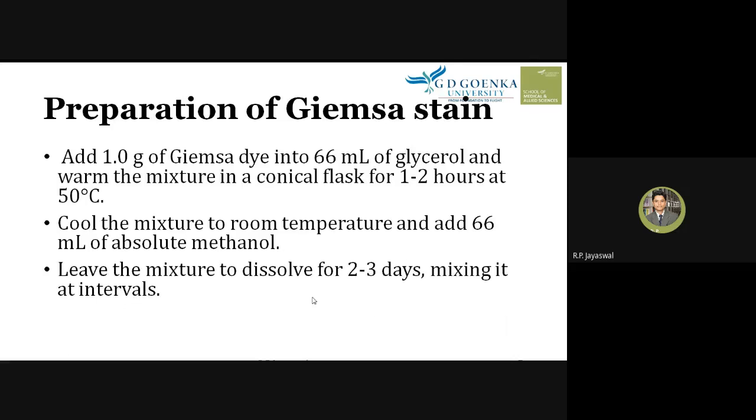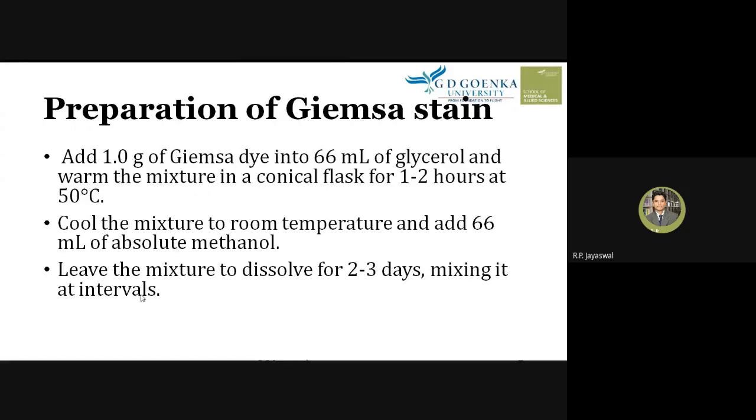Leave the mixture to dissolve over 2 to 3 days, mixing it at intervals. So here we need to keep this mixture for at least 2 to 3 days so that the dye can dissolve properly. And in that period of time, you need to mix it at particular intervals.